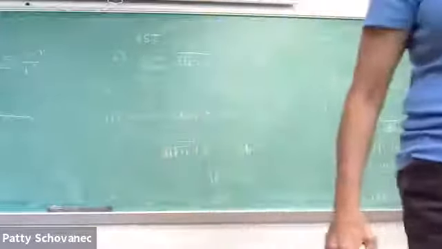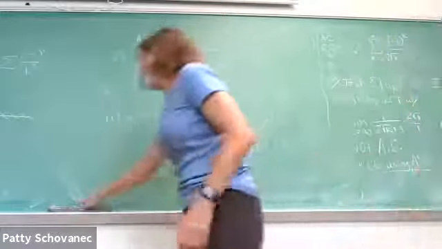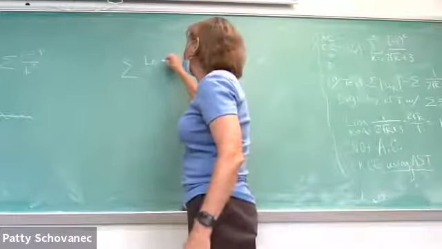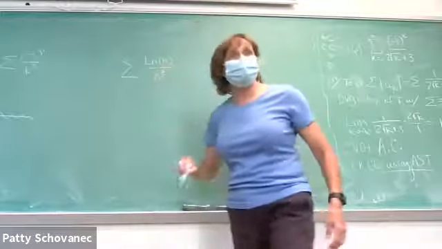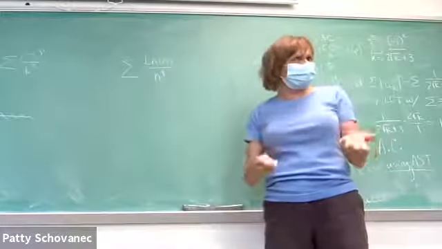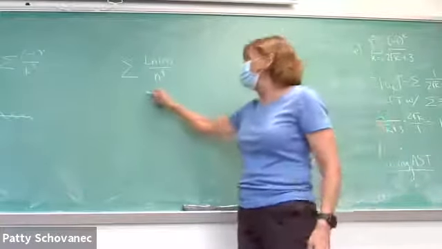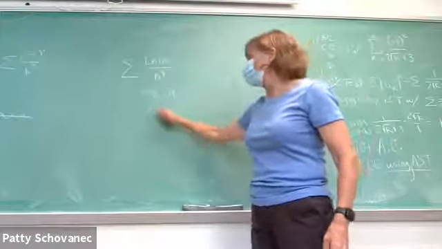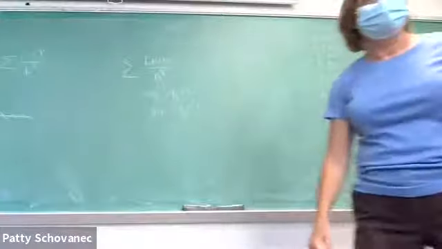Can you briefly refresh me on the Q-log series? A Q-log is a series that has a logarithm to the first power on top and some sort of power on the bottom. We showed with an integral test, which usually involved integrating by parts, that this converges if Q is bigger than 1 and diverges otherwise, for Q less than or equal to 1.